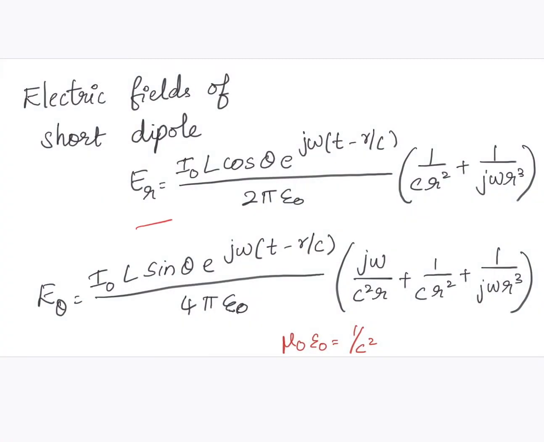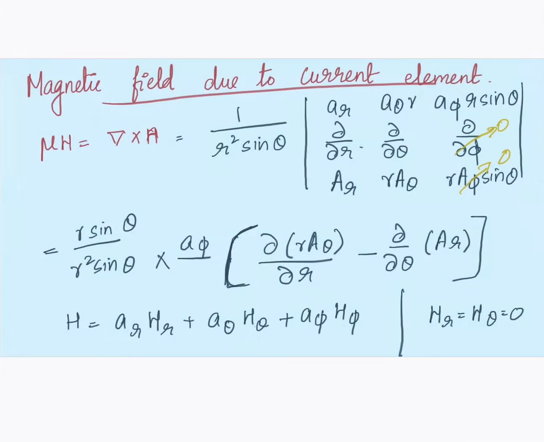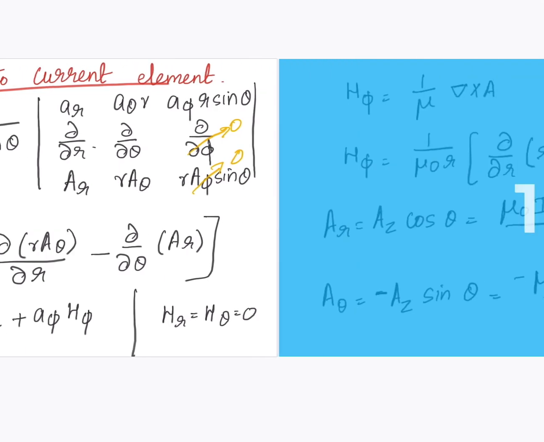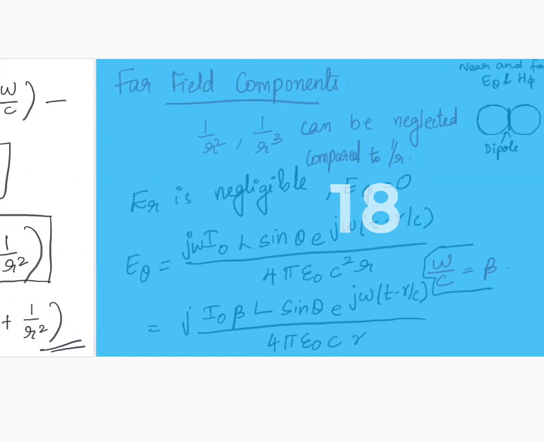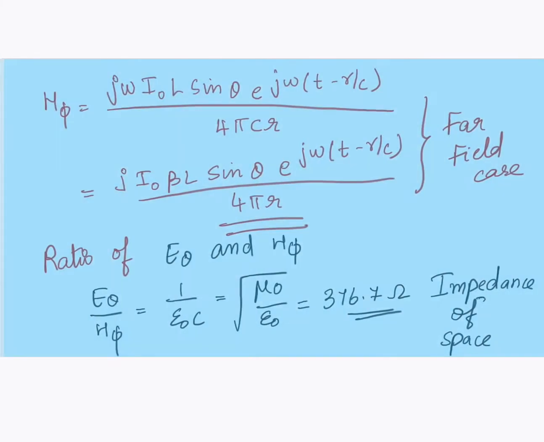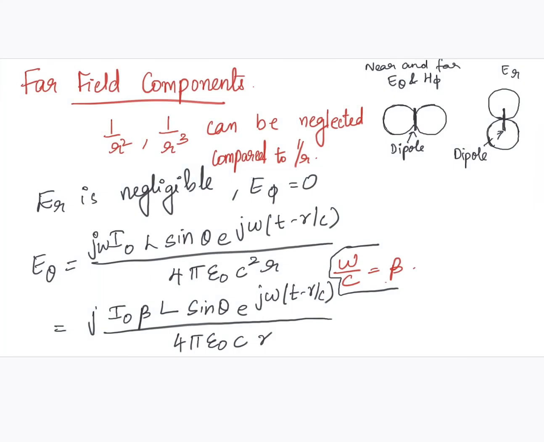In this equation, the r³ term is removed. So once those two terms are removed, we obtain it like this. So instead of ω/c, this can be written as β.